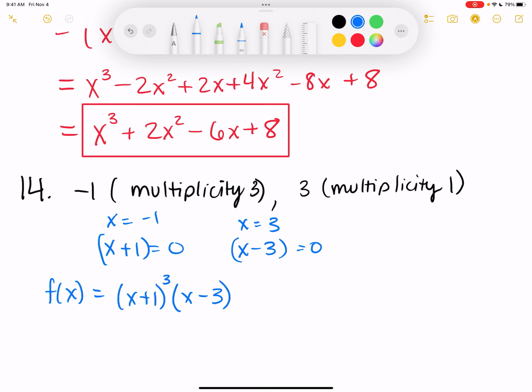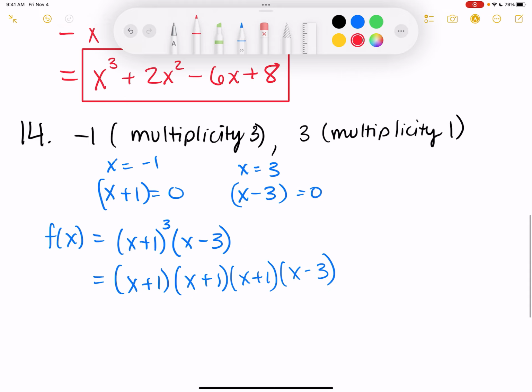So then I would probably, to make it easier, write x plus 1 times x plus 1 times x plus 1 times x minus 3. And then what I do, personally, is I will FOIL these two together and these two together, and then I will super FOIL after that. It just makes it shorter.